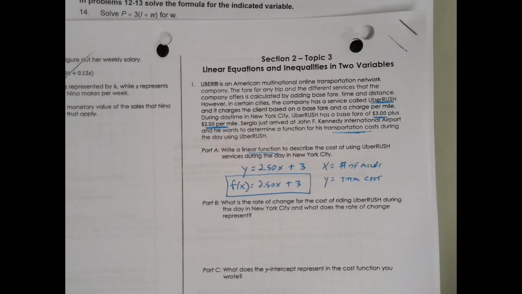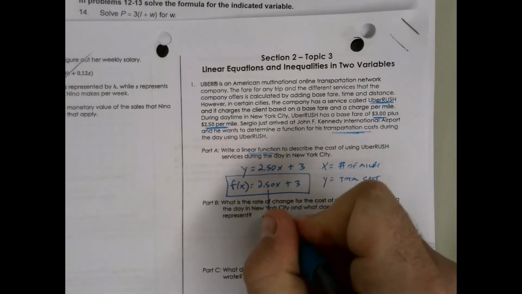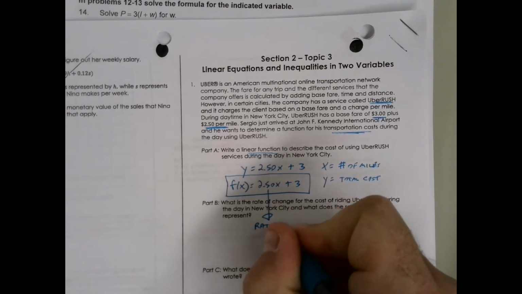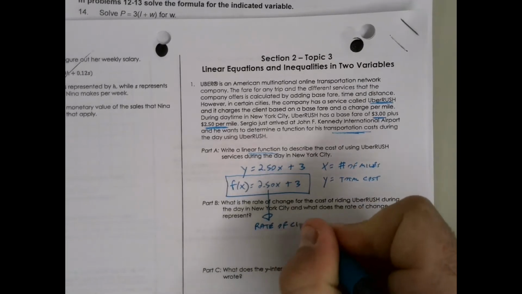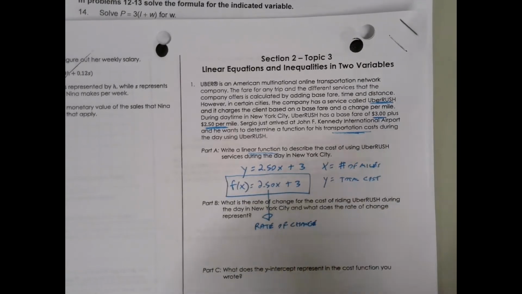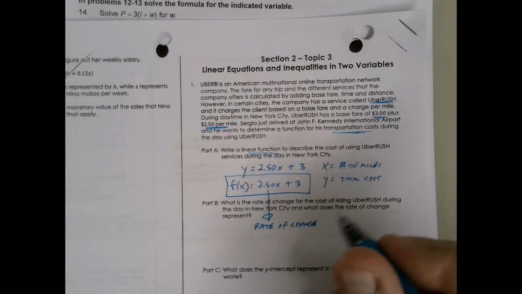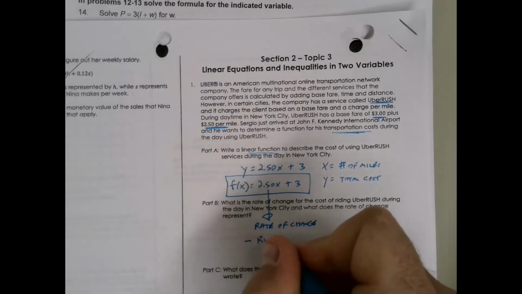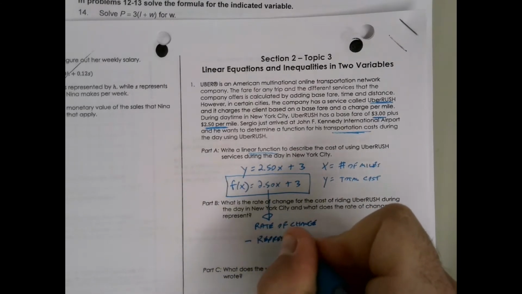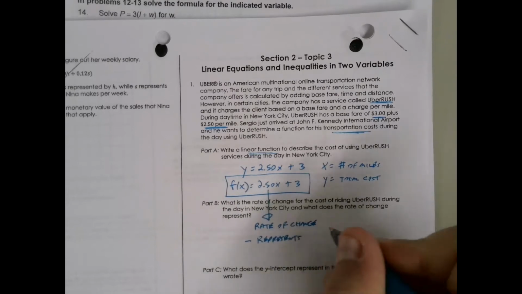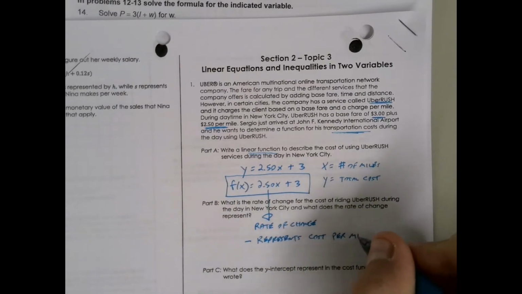The cost per mile. This guy, the 2.5, is our rate of change, and what we need to say is that the rate of change represents the cost per mile.